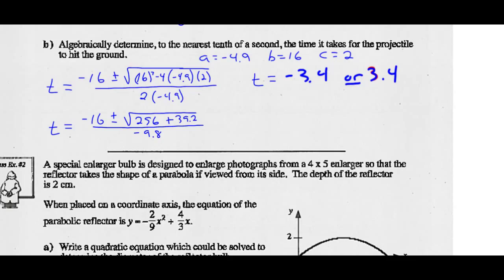So the time it takes to hit the ground is about 3.4 seconds. Negative 3.4 doesn't make sense in this case.